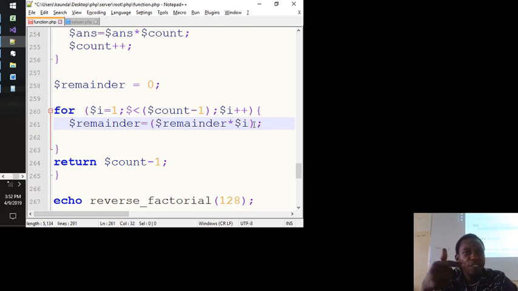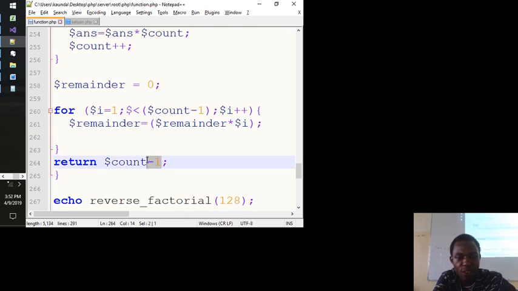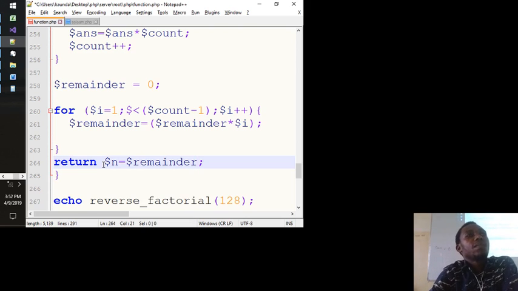I'm just working out the factorial of the number I've gotten in the count. And finally, the original number I've been given, minus the one I've gotten, will be the remainder.